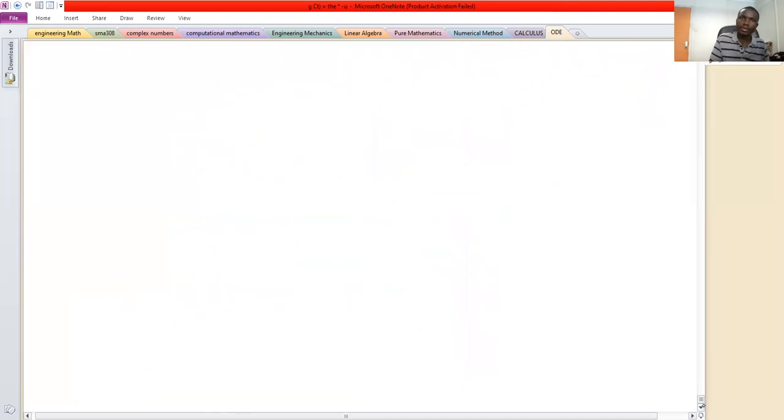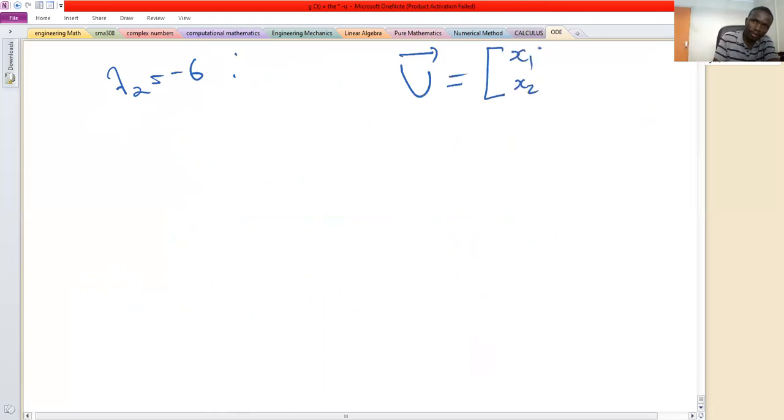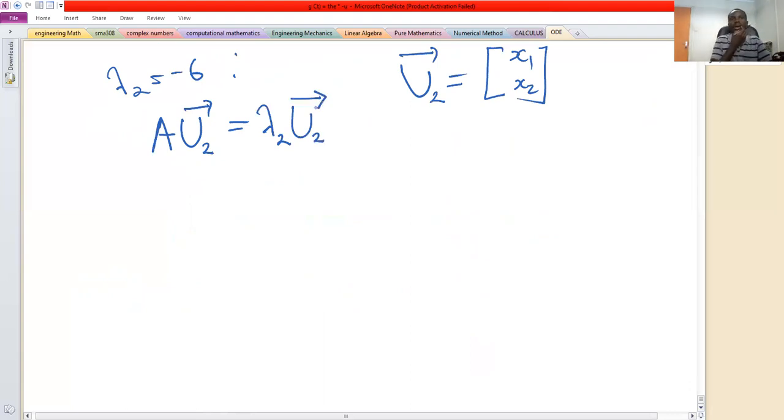And let's quickly go to lambda 2, which was minus 6. So you let the eigenvector be given by (x1, x2). So this is our U2. So expect to have A U2 equals lambda 2 U2. This is how you solve for eigenvectors, that you need to ensure that the eigenvector-eigenvalue equation is satisfied.